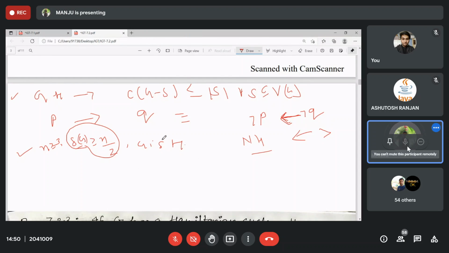That means if G is not Hamiltonian, then either it is not simple, or it has order less than 3, or this condition does not occur, that means the minimum degree is less than n by 2, if non-Hamiltonian.